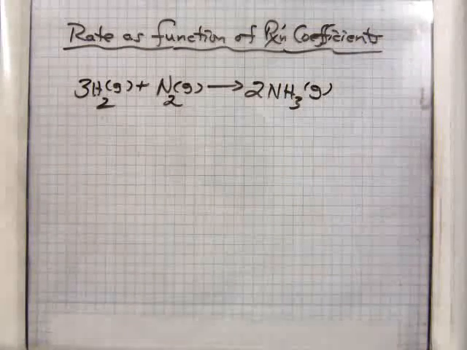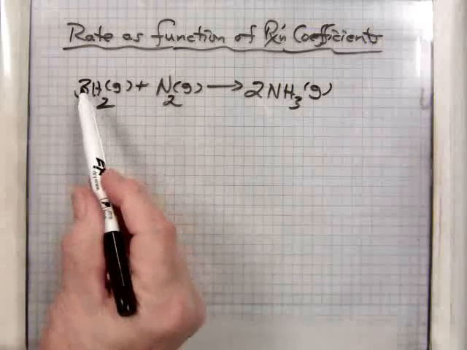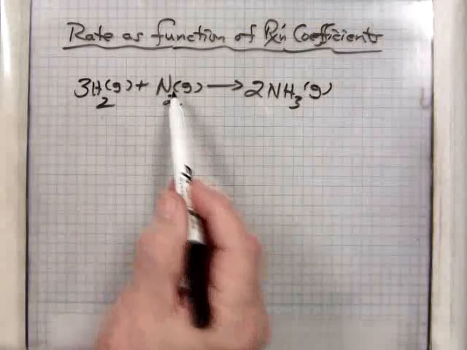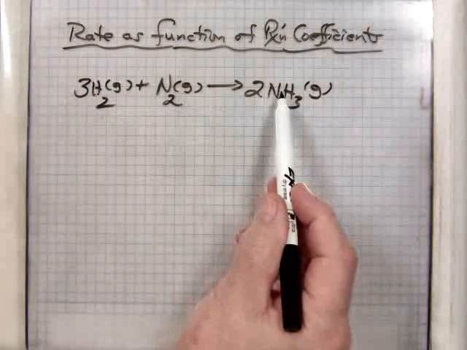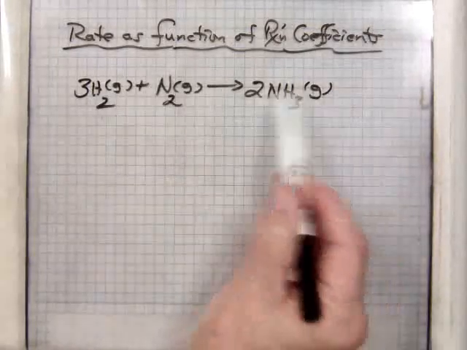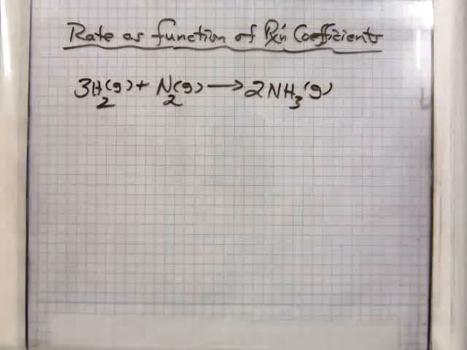This is always done in pairs of compounds. You hear me? Pairs of compounds. And what you're doing is comparing the rate of whatever hydrogen's doing to the rate of nitrogen. Or you're comparing nitrogen to ammonia. Or you're comparing the hydrogen to ammonia. So in any equation, you compare them in terms of the pairs of compounds, like this.